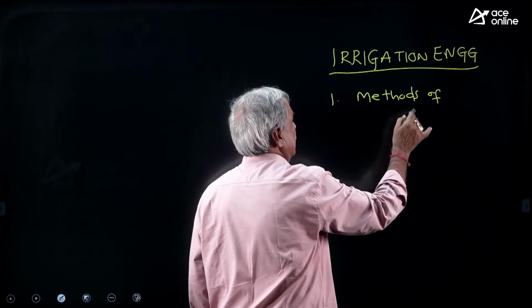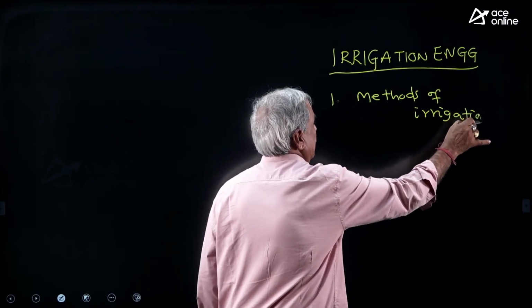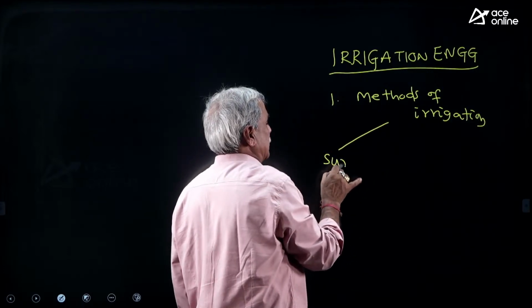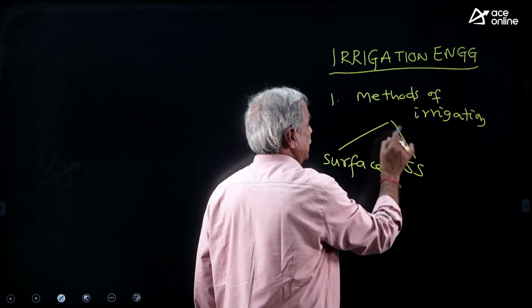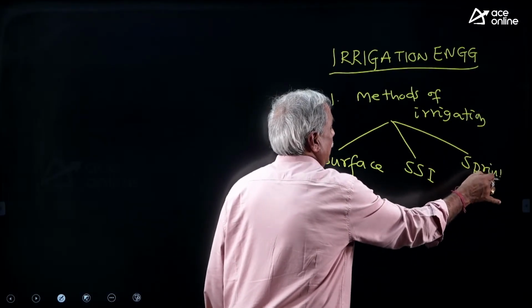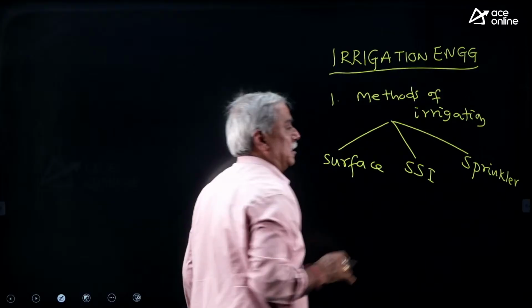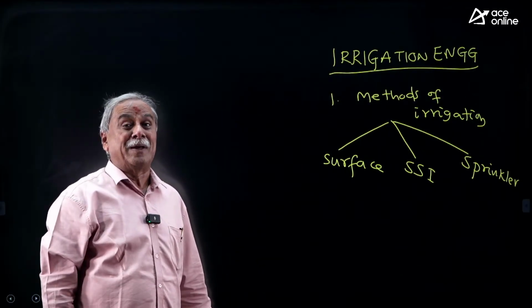Methods of irrigation is one most important area. When do you go for surface irrigation? When do you go for subsurface irrigation? When do you go for sprinkler irrigation? All the three types of irrigations, they will ask in which of the following situations sprinkler irrigation is permitted.